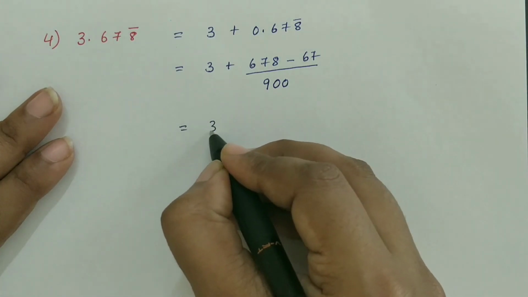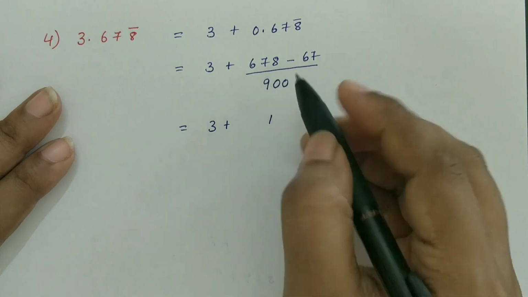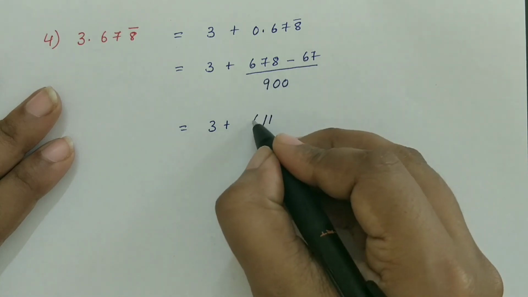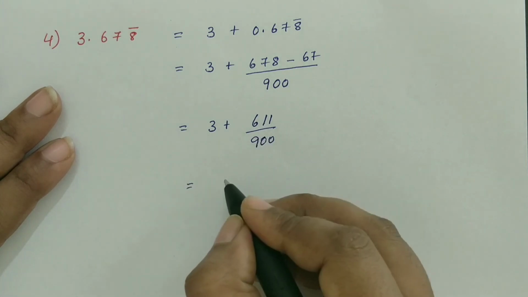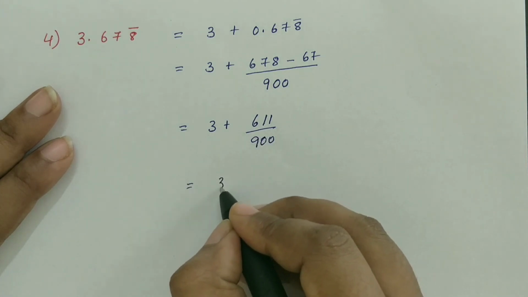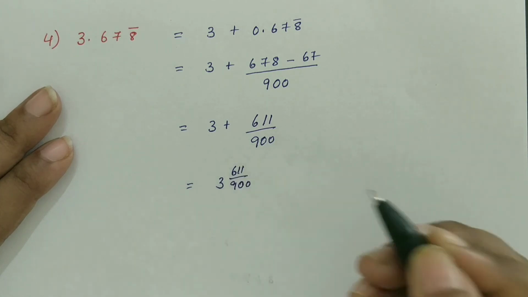Equal to 3 plus 678 minus 67, and 67 divided by 900. In the mixed fraction, we can write it as 3611 divided by 900.